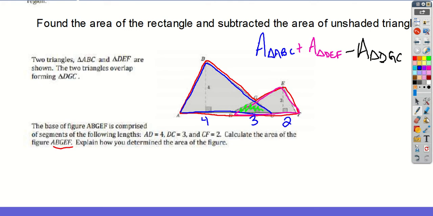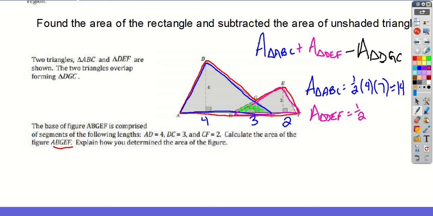So pretty straightforward, guys. The area of the first triangle, triangle ABC, is 1/2 the height, which is 4, times the base, which is 7. So that's going to be 14. The area of triangle DEF, right, is 1/2 the height, which is 2, times the base, which is 5.